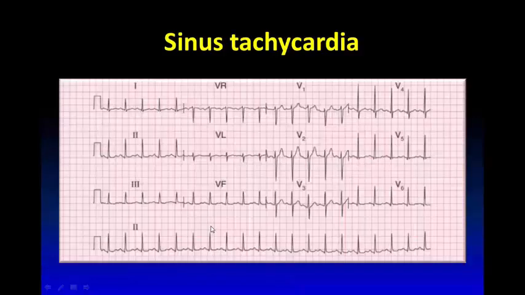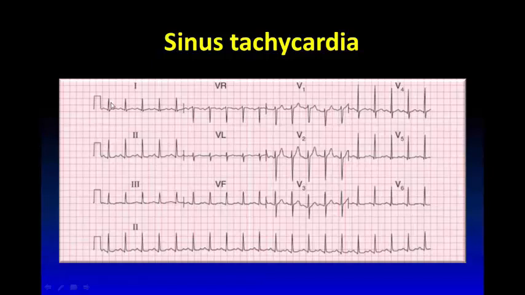And here we have a 12-lead ECG showing sinus tachycardia. So it is a sinus rhythm but it is not a normal sinus rhythm. It is a sinus rhythm because we have P waves. These are P waves in the different ECG leads, and each P wave is followed by a QRS complex.